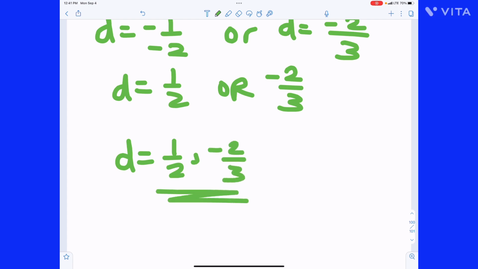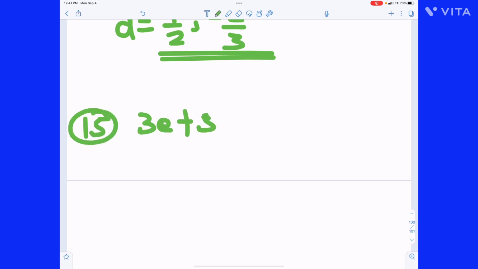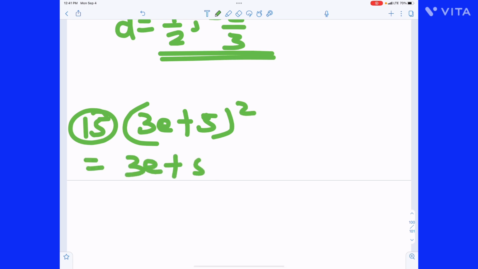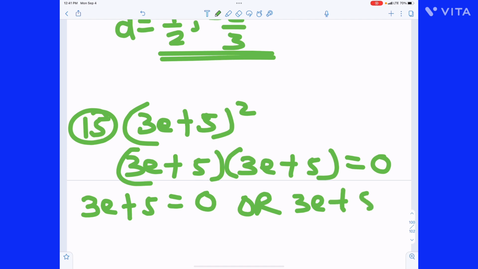Next question. Number 15: (3e plus 5) all squared. That's 3e plus 5 times 3e plus 5 is 0. That gives you 3e plus 5 is 0.